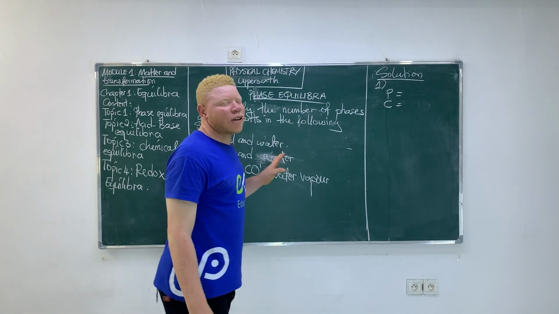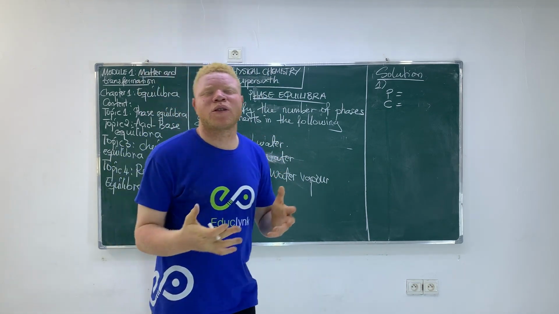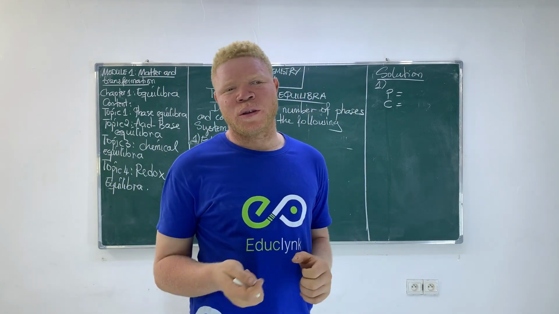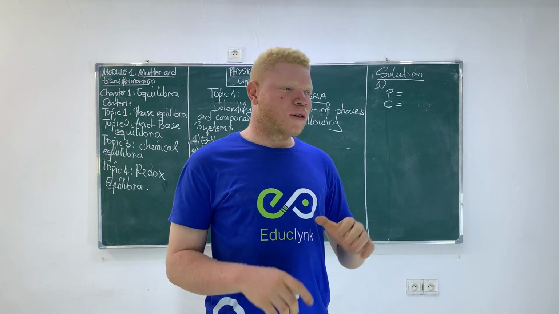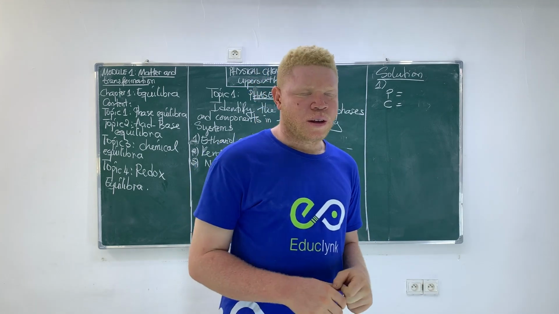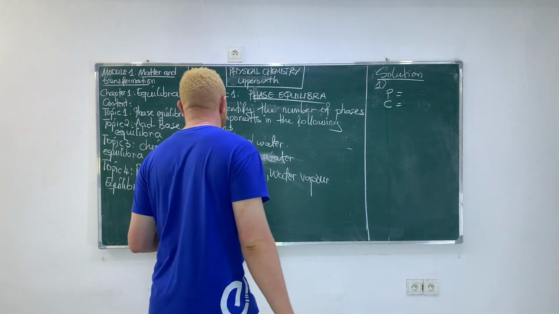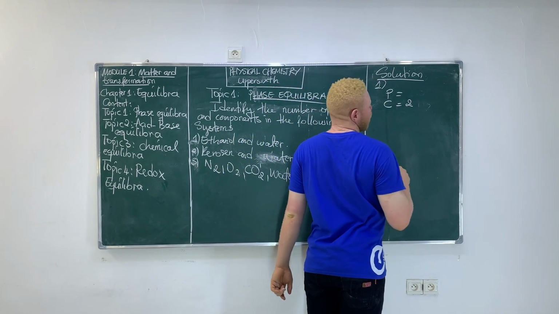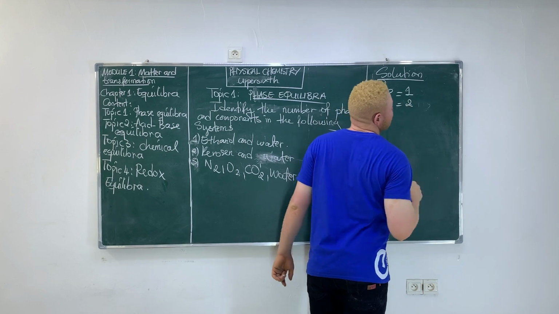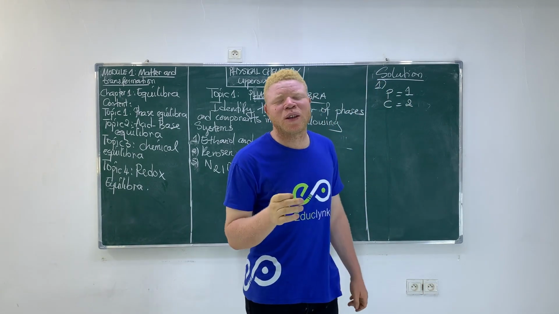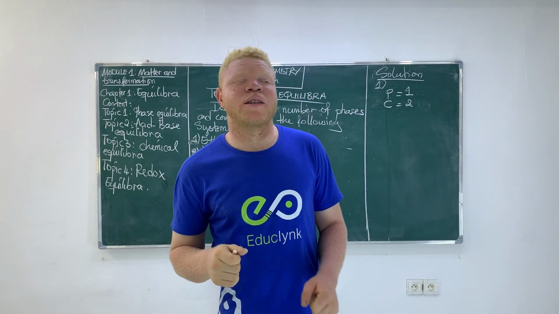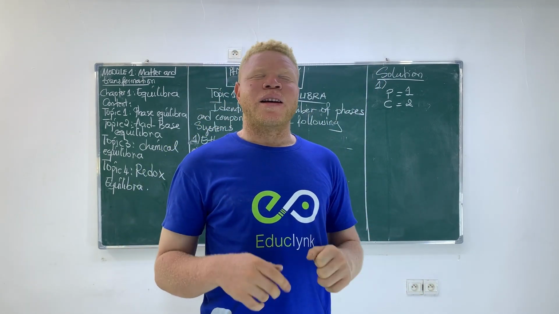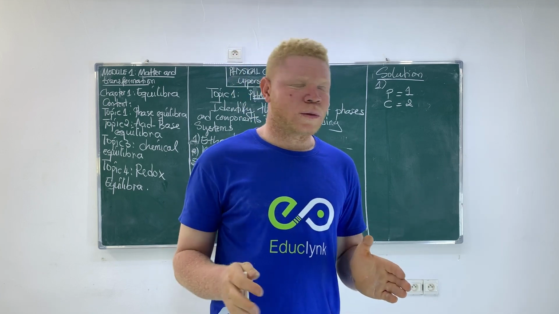Ethanol and water mix and form a homogeneous mixture. Homogeneous mixture means a uniform solution, such that you are unable to distinguish water from ethanol. So the number of components is two. The number of phases is only one, the liquid phase. It's a uniform liquid phase, meaning when water and ethanol mix, it's impossible to distinguish the two.